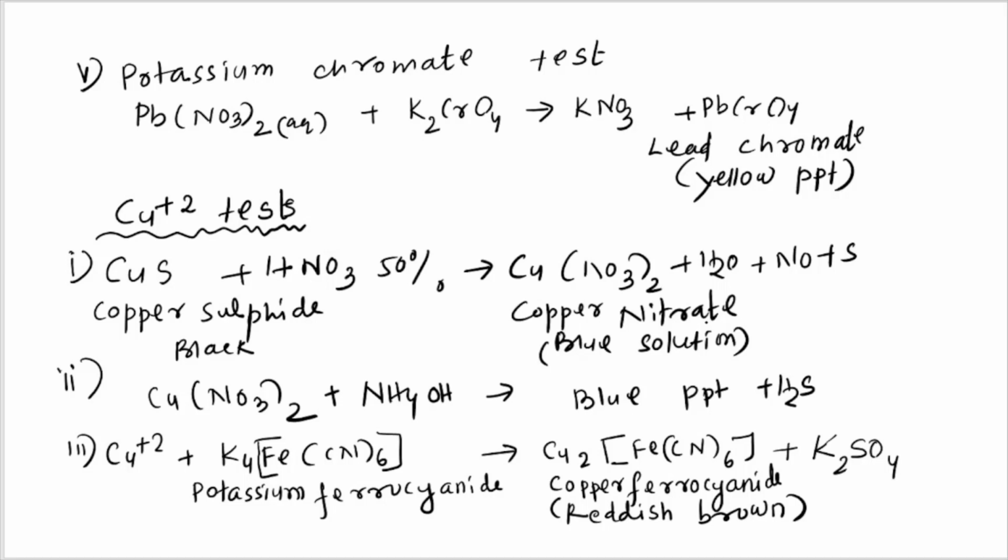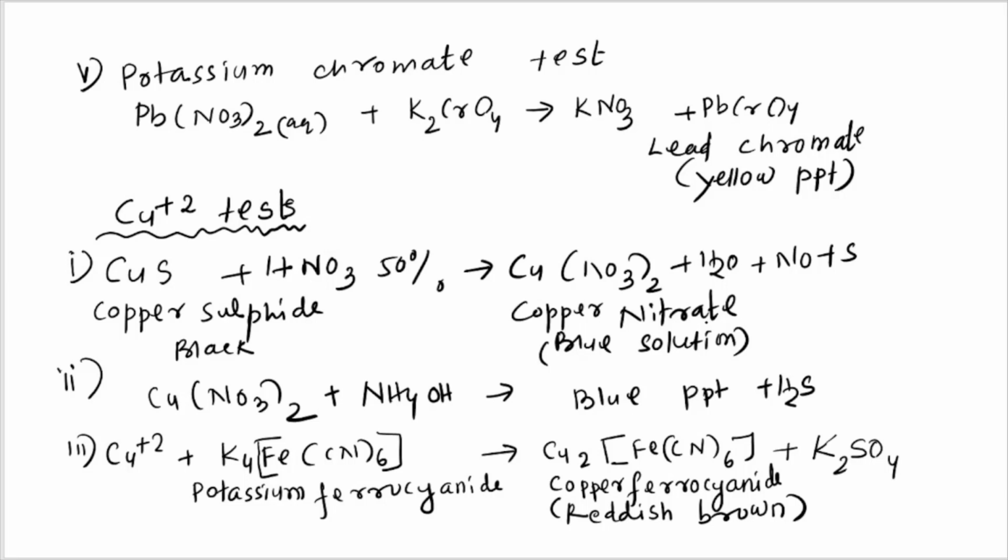And what are the chemical reactions for copper +2? 50% nitric acid gives copper nitrate, which is a blue solution. When you add ammonium hydroxide to this blue solution, it gives copper hydroxide, which is a blue precipitate. Similarly, for Cu +2, what is the potassium ferrocyanide formula? K4[Fe(CN)6], you should say whole 6. Potassium ferrocyanide gives another complex, copper ferrocyanide, which is reddish brown.